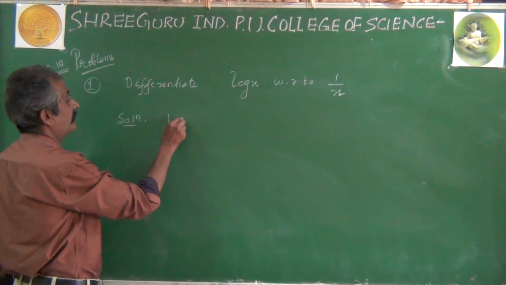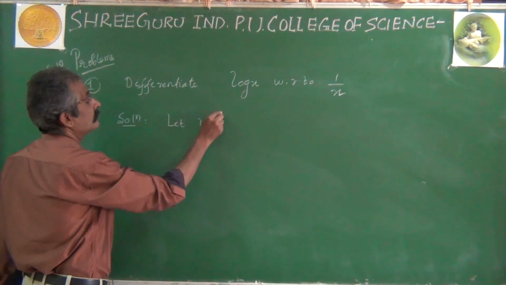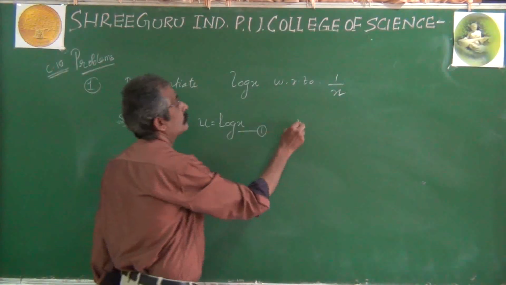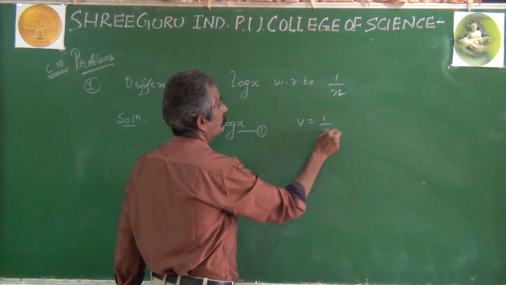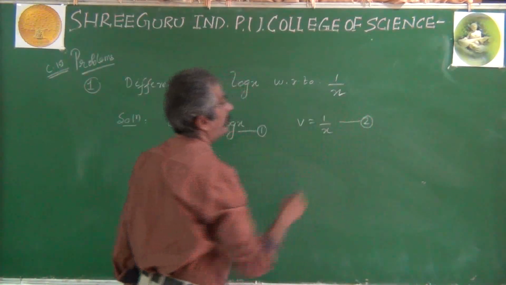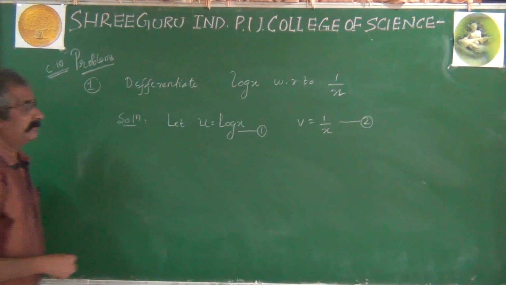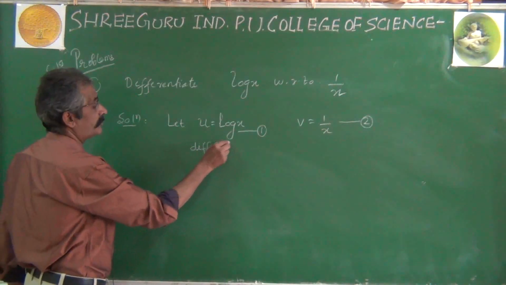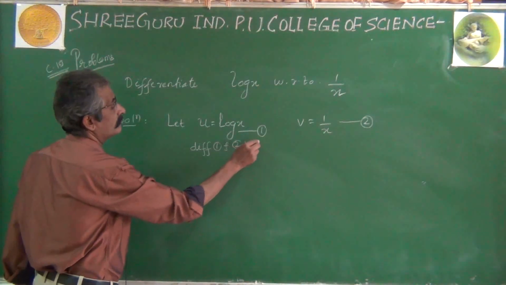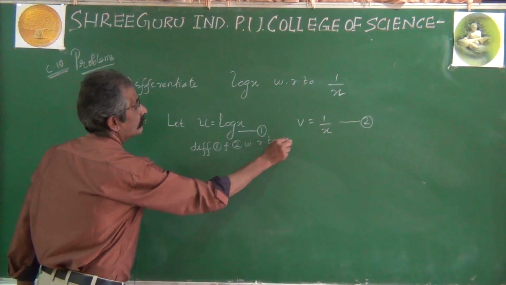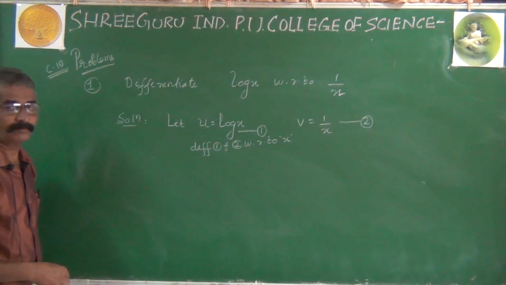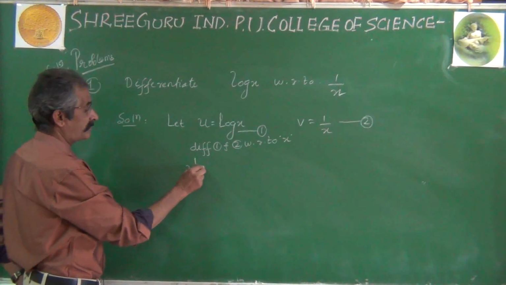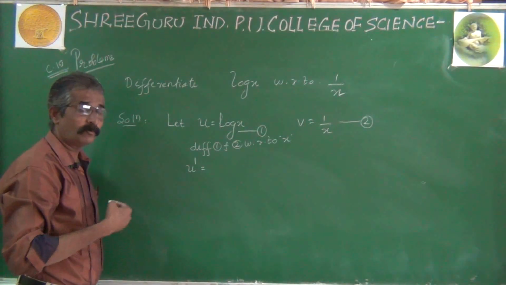Start the solution. Let u is equal to log x, call 1, v is equal to 1 by x, call 2. Next step, differentiating 1 and 2 with respect to x. So now, differentiation of u, u dash, or you can write du by dx.